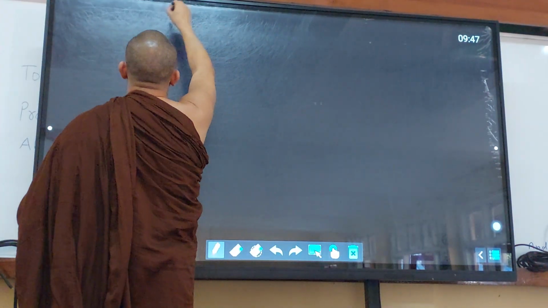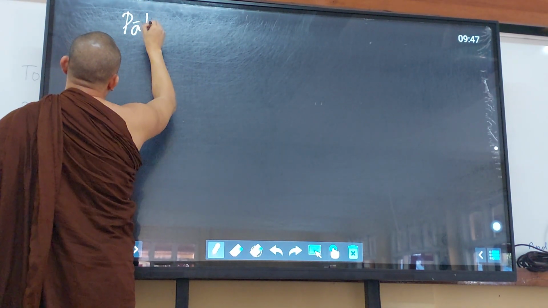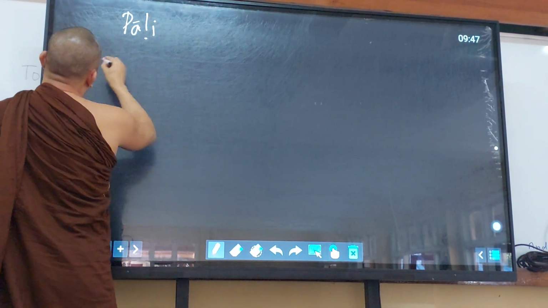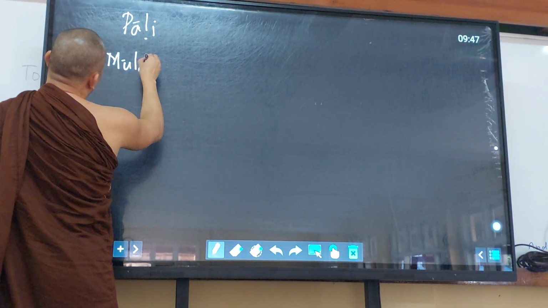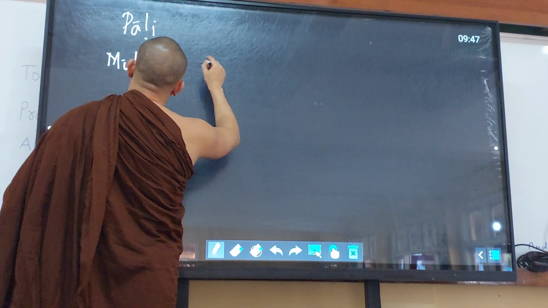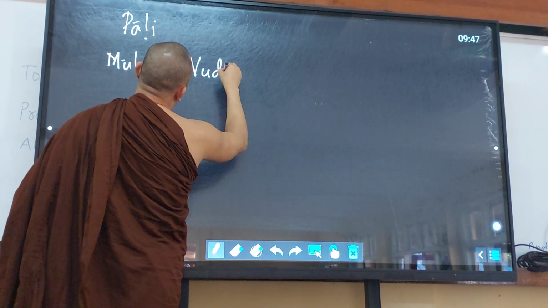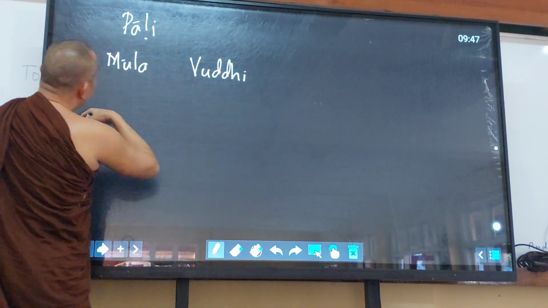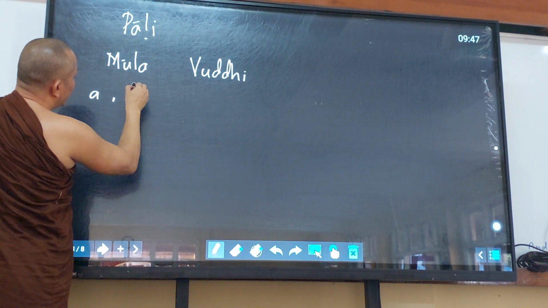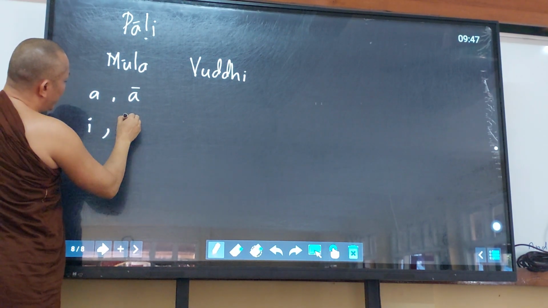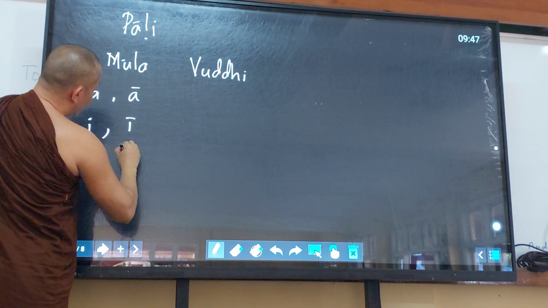So in Pali, the vowel system is just mula, and after that the vuddhi. So in mula, rasa and diga: a, i, u.